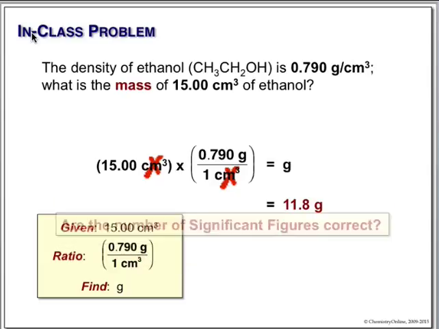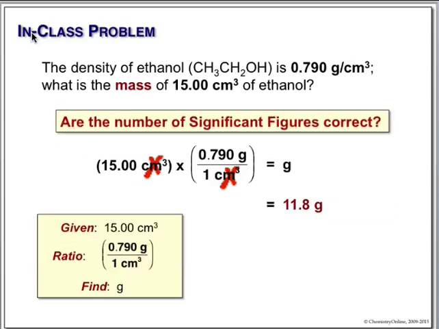And that brings me to my next question. Is this correct? Because what about the 1? That would be 1 significant figure, wouldn't it? But remember, significant figures only apply to measurements. That's not a measurement, that's a definition. So 1 doesn't count, and we're dealing with 3 significant figures.